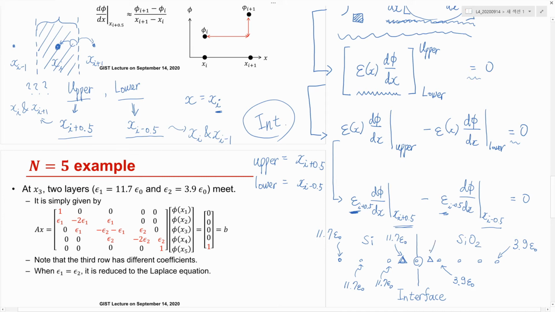Also for this half-index point, we can certainly say 3.9 is the relative permittivity. So if we adopt this picture, then we have great advantages.